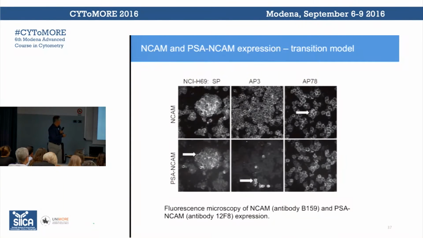You can actually see the polysialylation changes here just on an image. Very difficult to image these cells because they're literally like balls of cotton wool in terms of their 3D structure. But you can see the partially adherent and fully adherent forms all express NCAM, but the level of polysialylation has disappeared virtually in the adherent form, which is naturally being generated in these populations.